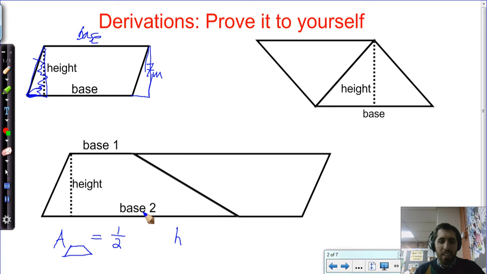But what is the base of this new parallelogram we made? Well, the base is made up of this base 1, and when we made that second parallelogram, we matched up base 2 with base 1, and we matched up base 1 with base 2.